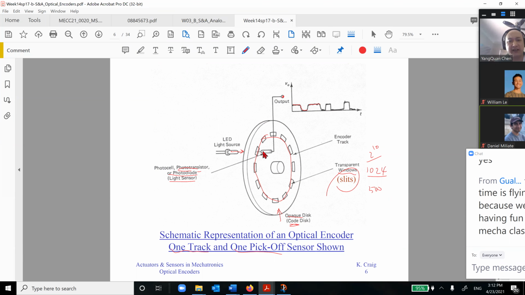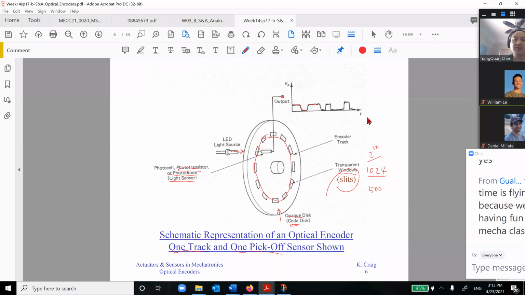So if light comes through, I'm going to generate a signal. If it's blocked, there's no current, then the output goes to zero. If I have current, then I have this. So as I rotate, the output will generate a train of pulses, high and low pulses.